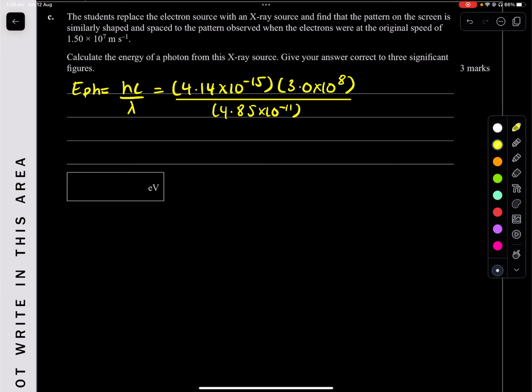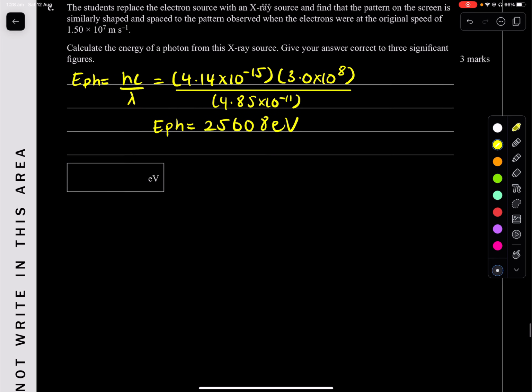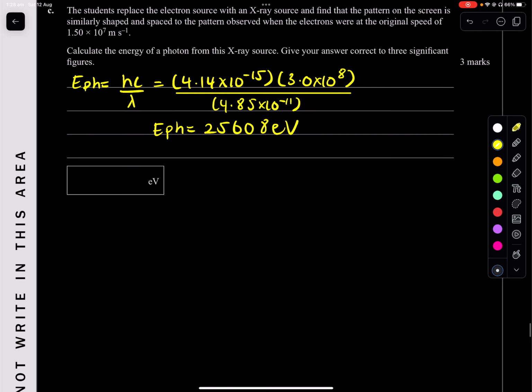That gives us 25608 electronvolts. We want 3 significant figures, so that will be 2.56 times 10 to the power of 4.